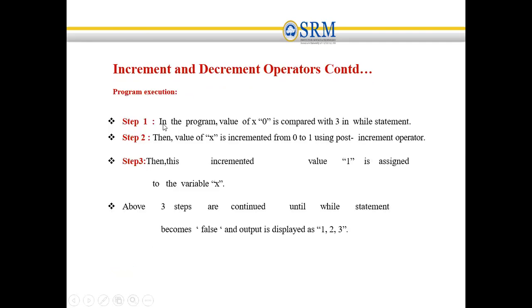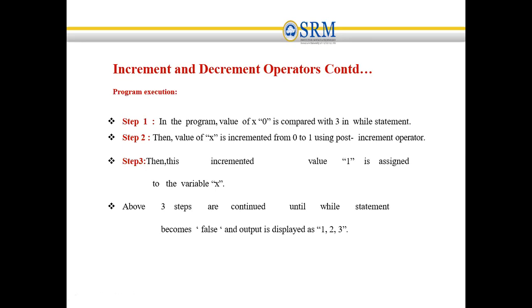If you look at the program execution, the value of x is 0, compared with 3 in the while statement. Then the value of x is incremented from 0 to 1 using the post-increment operator.